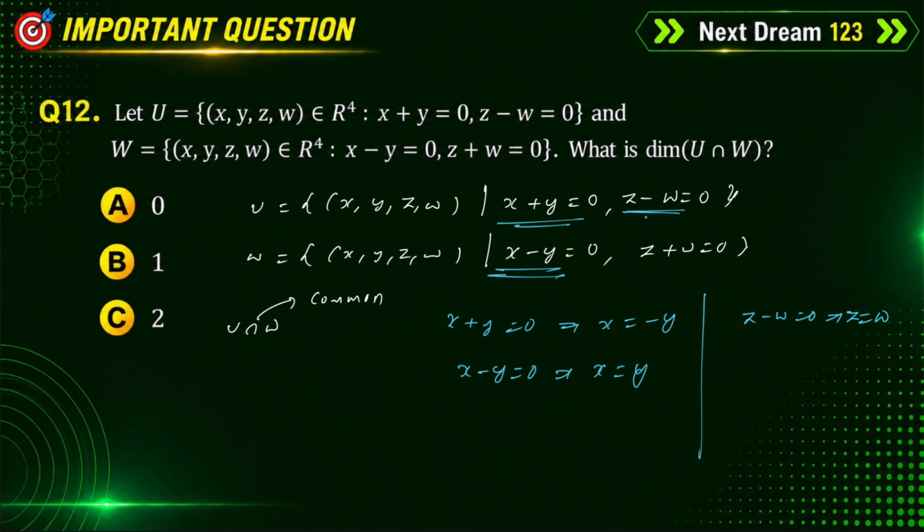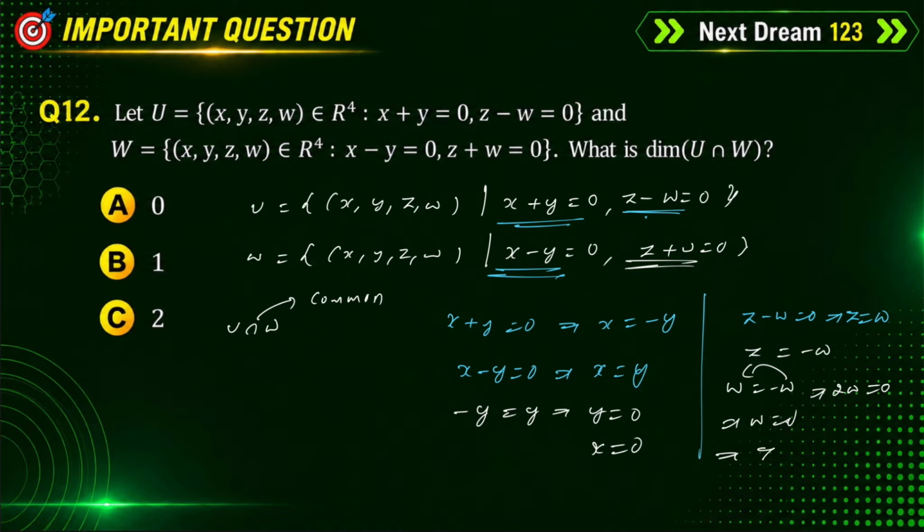If you observe, this side is the same, that means the other side is also the same. That means minus y is equal to y, which implies y equal to 0. If y is equal to 0, x is also equal to 0. Similarly, z is equal to minus w, and the other side is w, so w is equal to minus w. Shifting minus w to this side, it becomes 2w equal to 0, so w is equal to 0.